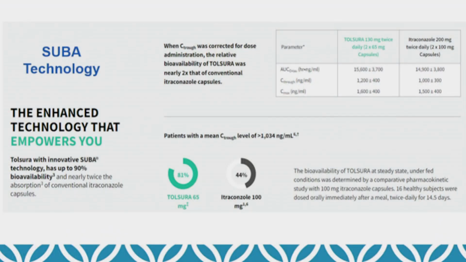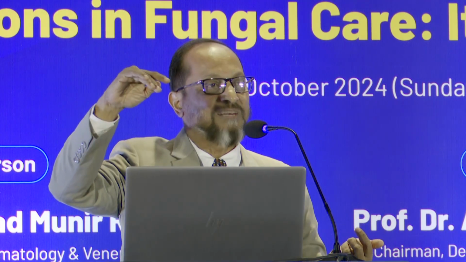These are some parameters regarding the area under the curve, and we can see that some companies like Tolsura are actually adopting this 65 milligram SUBA technology, and twice is 130 milligram. So their area under curve is compared. In brief, conventional 100 milligram, after so many things, gives rise to the AUC curve, while with the SUBA technology we are taking only 65 milligram, and we can overcome all the difficulties.